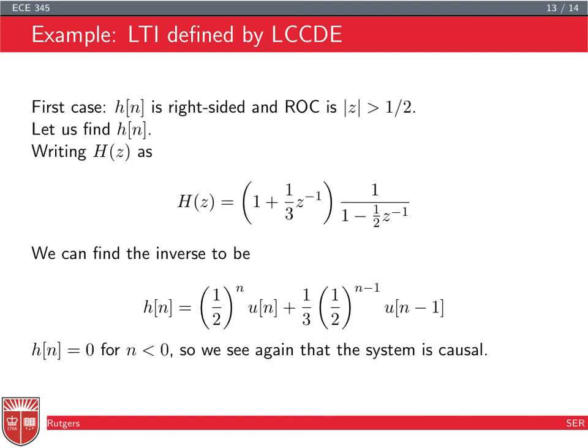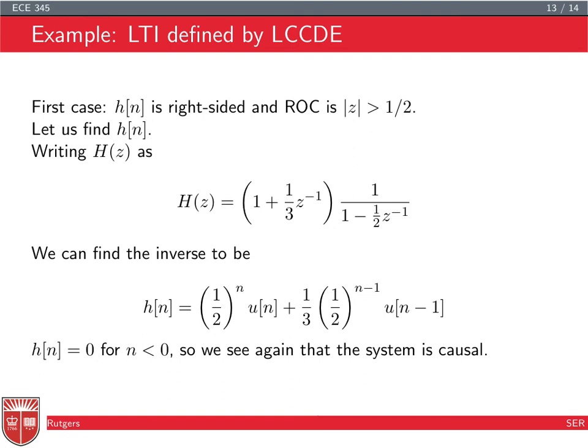Now, to double check our conclusion, and also maybe to review how we find the inverse Z transform, we try to find the impulse response h of n, meaning we have to invert H of z. We know that the inverse of 1 over 1 minus 1/2 z to the minus 1 is a geometric series of the form (1/2) to the n, and the other part is a shifted version of the same geometric series, shifted by 1 and then multiplied by 1/3.